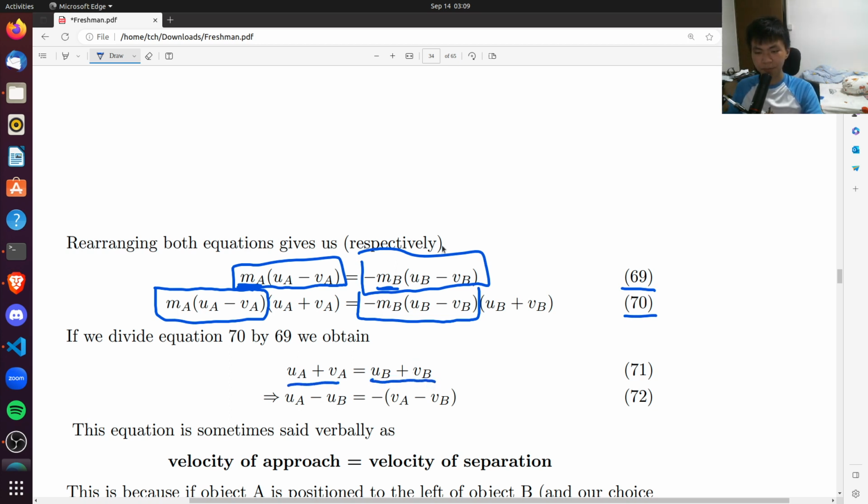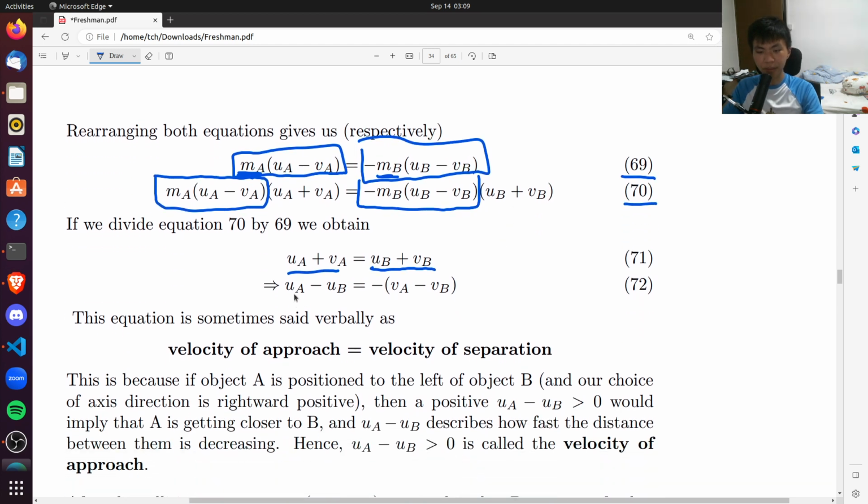If we rearrange it a little bit, and I'll tell you why, it may seem confusing right now, with U, V, A and B flying all over the place. But just hang in there, and you'll realize that there's a nice interpretation for equation 72.